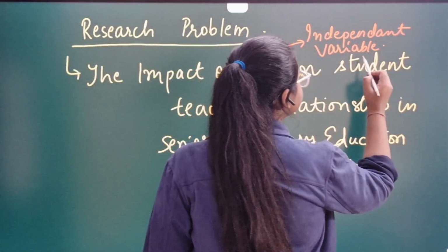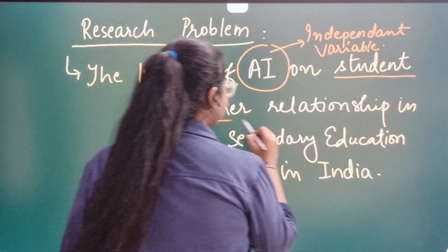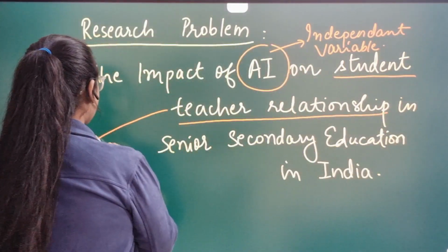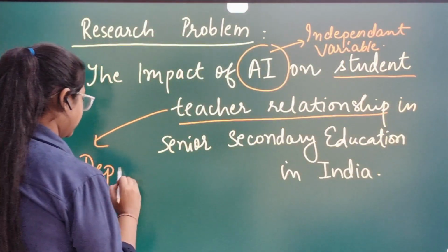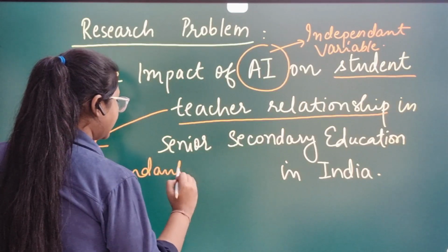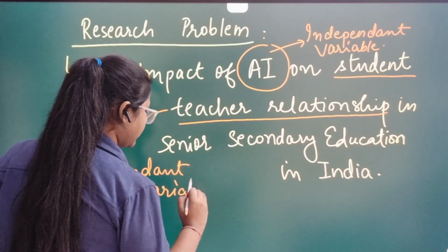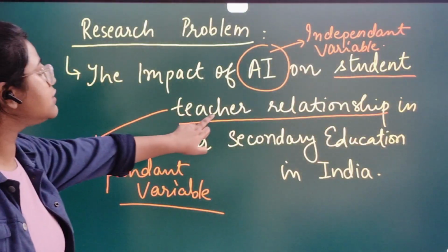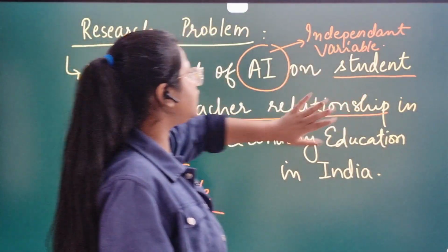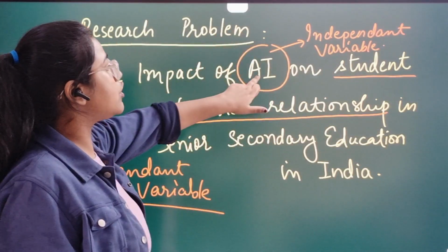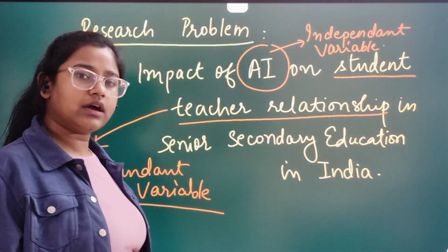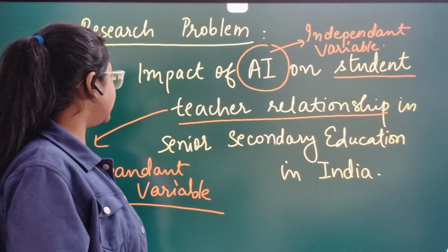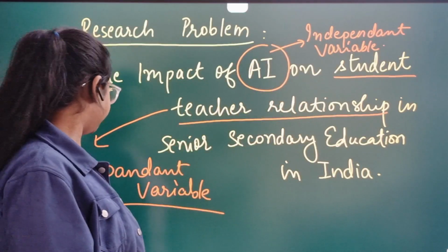And student-teacher relationship will become our dependent variable. Why so? Because the relationship between the teacher and student depends on the usage of artificial intelligence. That's why this is the dependent variable, and this is the independent variable.